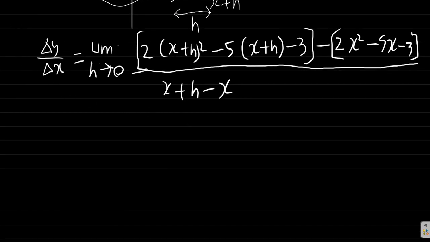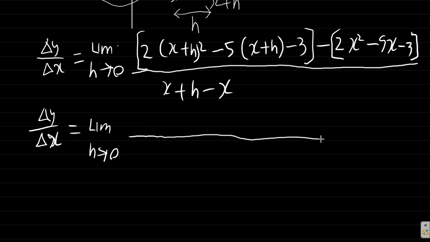So h tends to 0, it gets shorter and shorter. So the change in y over change in x will be the limit as h tends to 0 of. And by the way, remember later on we're going to change this to dy by dx as h tends to 0, alright? So what is this up here?